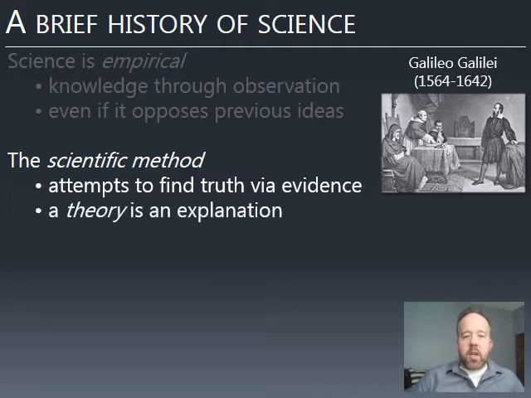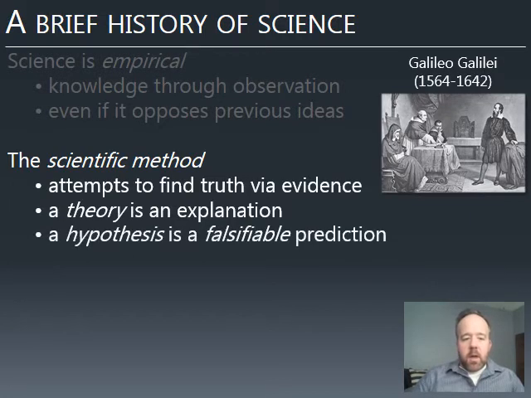And that evidence is going to come from observation. And then once you have some evidence in hand, you can develop what we call a theory. And a theory is a kind of explanation that's consistent with the current evidence. It's an explanation of how the world, the universe, or people operate.